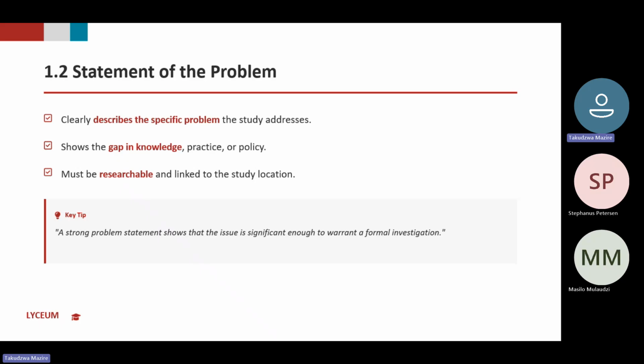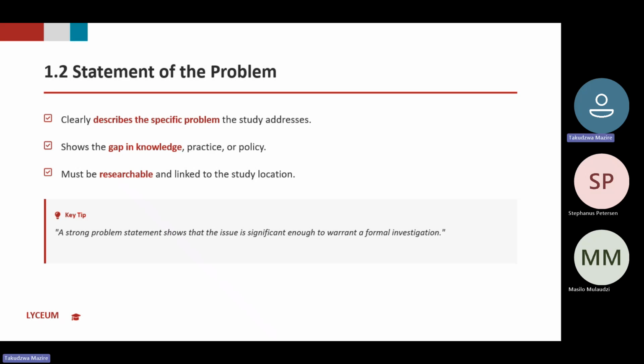Right. Now, crucially, this problem must be researchable and directly linked to your study's location. Now, this makes it more relevant to your context.